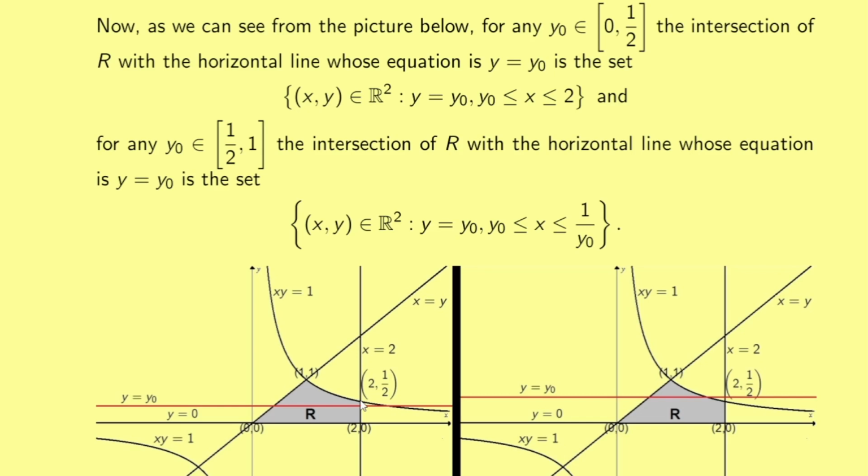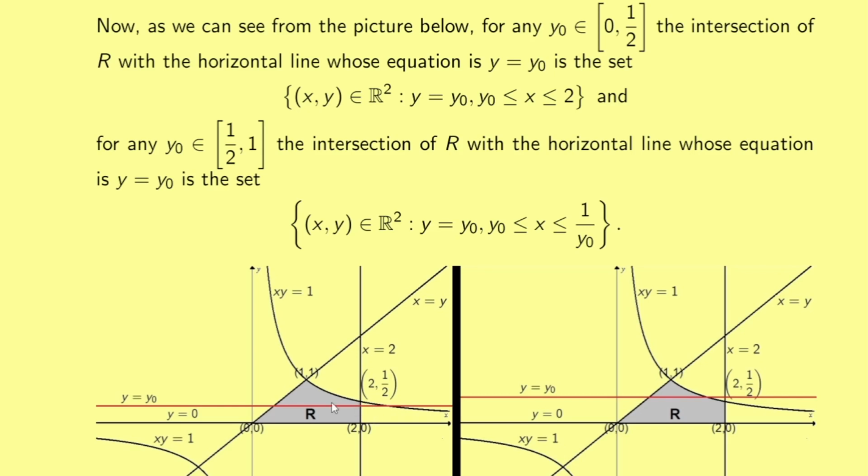If I take any y0 greater than 0 and smaller than or equal to 1/2, and I consider the line y equals y0, which is, for example, this red line here, I can see that the line enters the region R at x equals y0, and exits the region when x equals 2.